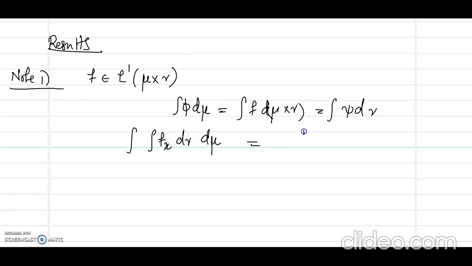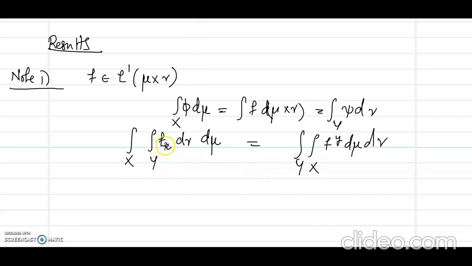So this will be equal to xi, which is integral f y d mu dr. Here the inner integral is over y and the outer integral is over x.